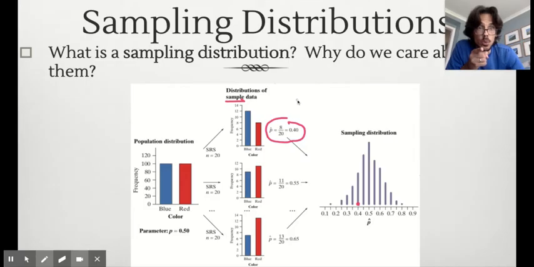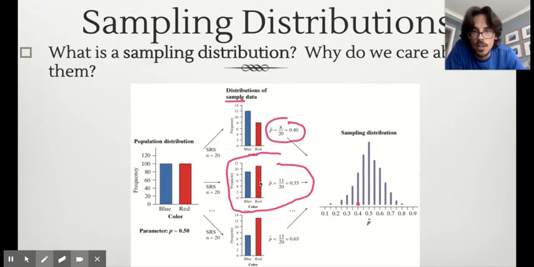Then it would go to you. In your sample, you're right here. You picked 11 reds and 9 blues. So you came away thinking the percent for red is 11 out of 20, which is 55%. You would come over to our class graph and put a dot right there at 55%.